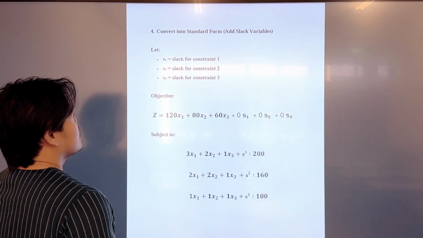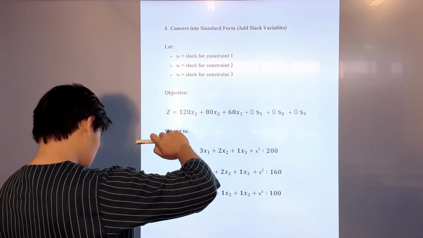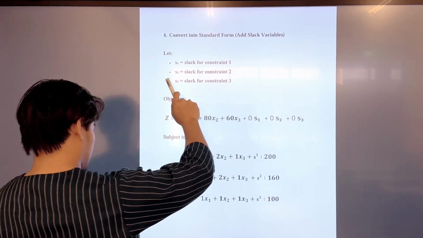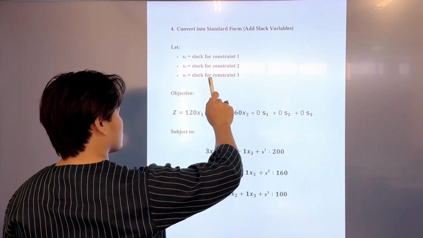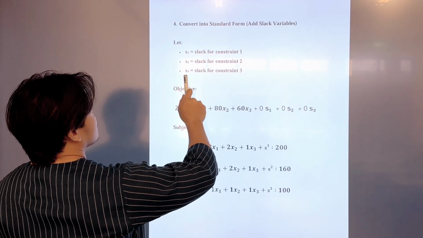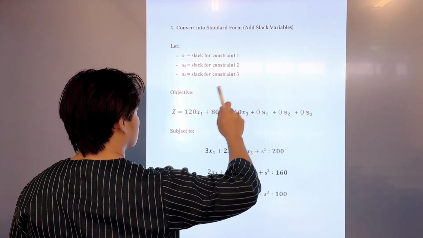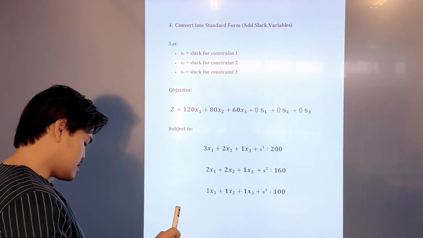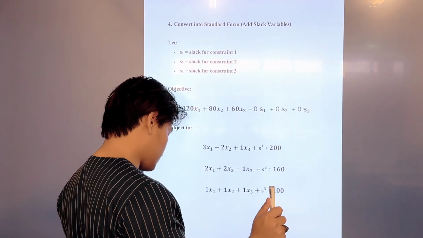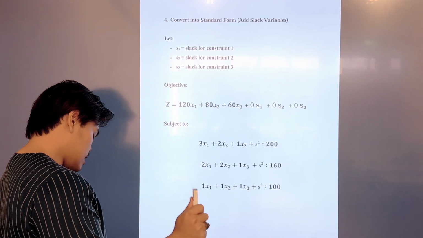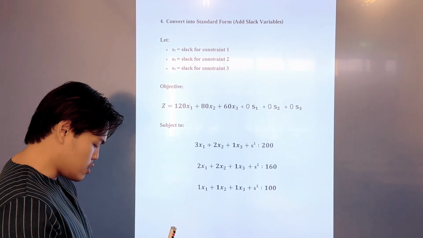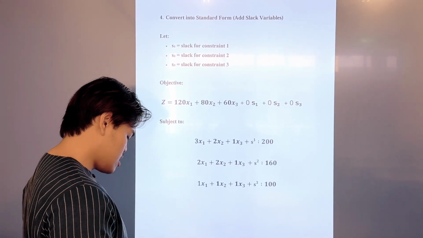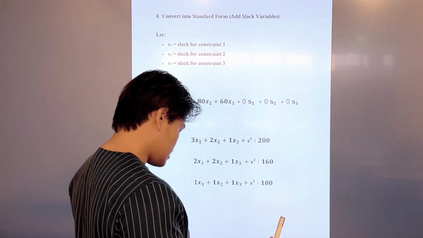Let S1 be the slack variable for constraint 1, S2 the slack for constraint 2, and S3 the slack for constraint 3. When we integrate these slack variables into our objective function, they have a coefficient of 0 because unused hours don't bring in direct profit.